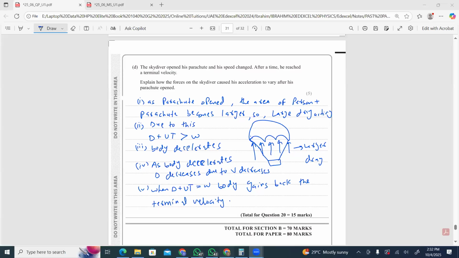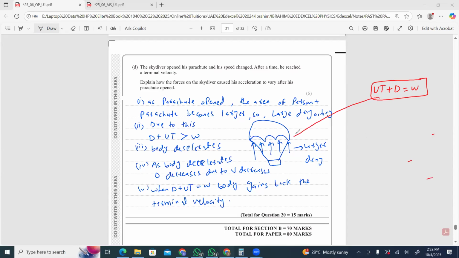So here is the answer that I have written. As you were moving down with a terminal velocity, what was the equation valid for that? I said upthrust plus drag was equal to the weight, correct? But when you open the parachute, what happens?